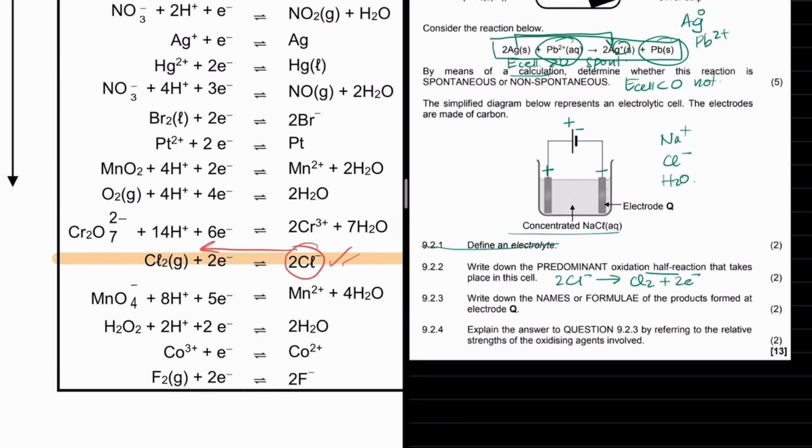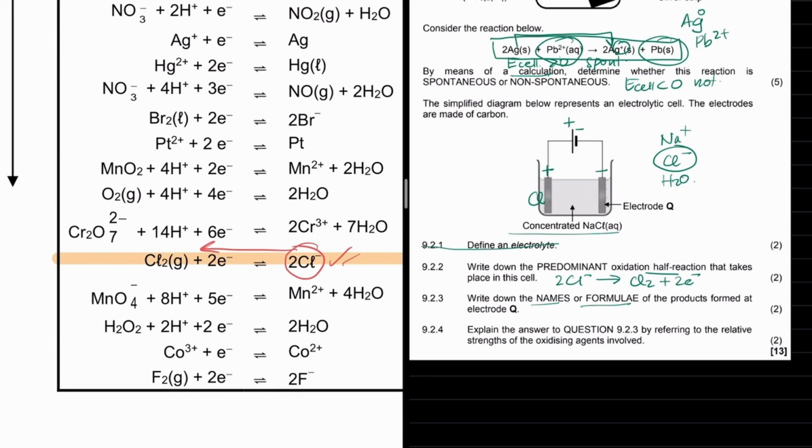Okay, next one, write down the names or formulae of the compounds formed at electrode Q. Now, let's firstly understand what's going to happen with the oxidation, right? So the Cl-, since it is a negative, it's going to be attracted here, and you're going to have Cl2 forming there.